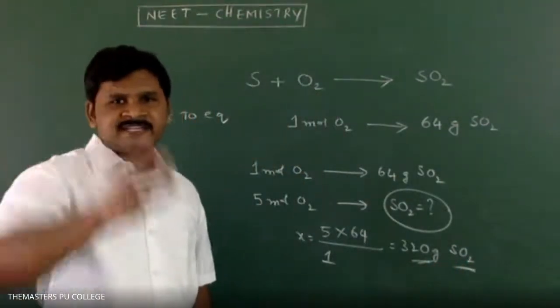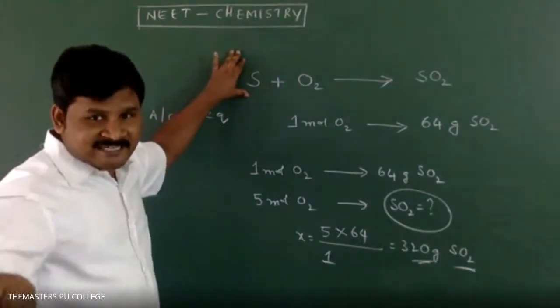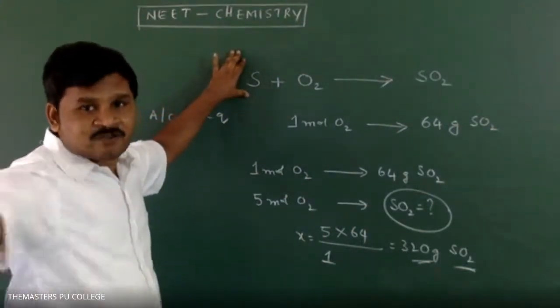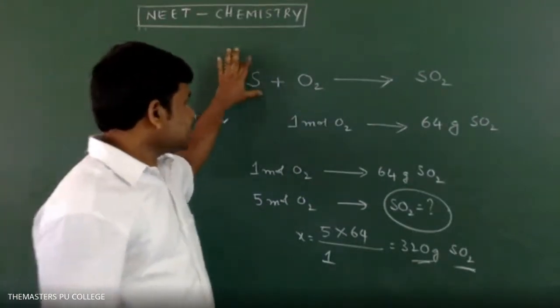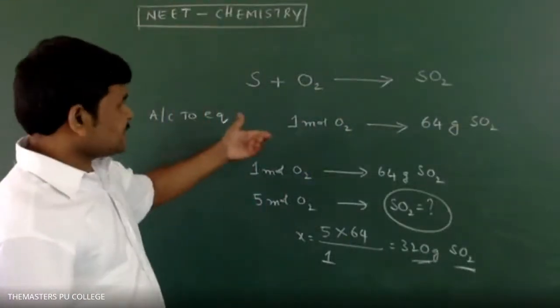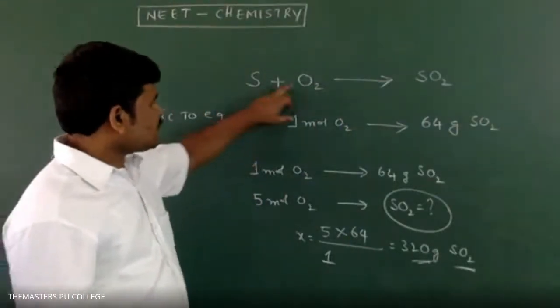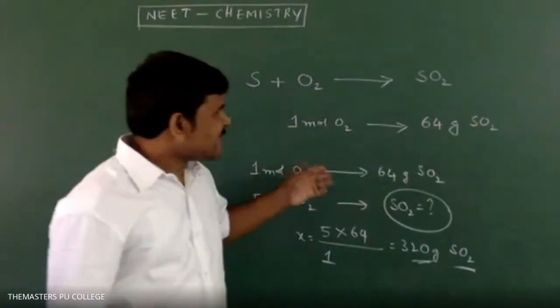I repeat. First we have to write a balanced reaction according to the given question. So according to the given question, the balanced reaction is S plus O2 gives SO2. After writing the equation, 1 mole of O2 gives 64 grams of SO2. Why have I taken it this way?